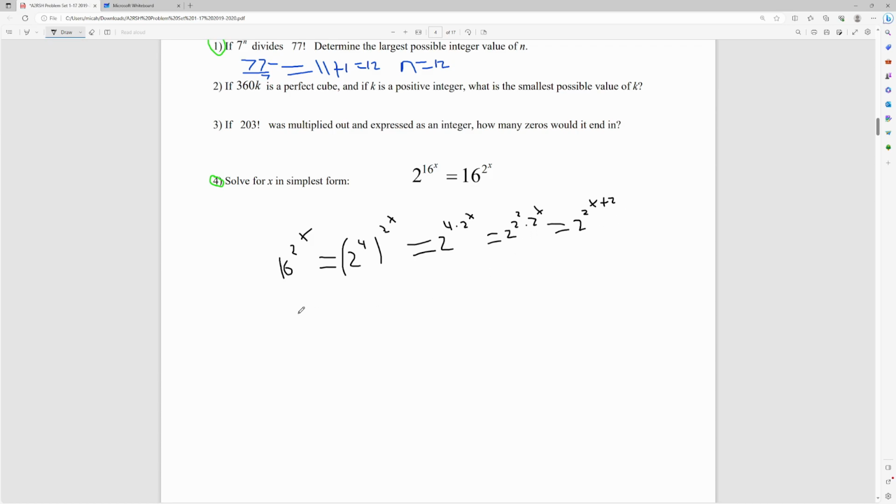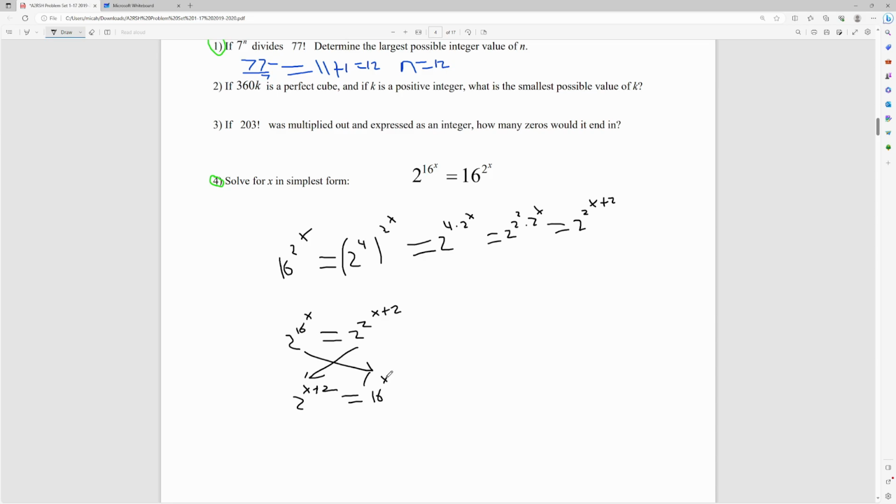So now we have 2 to the 16 to the x equals 2 to the 2 to the x plus 2. And since our bases are equal, we could write this as 2 to the x plus 2 equals, sorry, I flipped them around, 16 to the x equals 2 to the x plus 2.